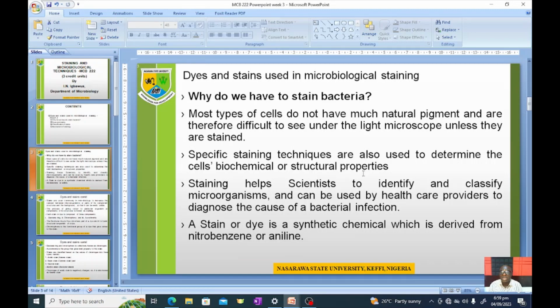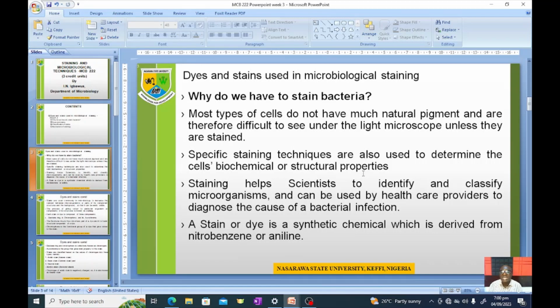Some bacteria, as you are aware, have capsules. Normal staining will not bring out the capsules. Structures such as flagella in some bacterial cells will not be visualized unless special staining techniques are employed.